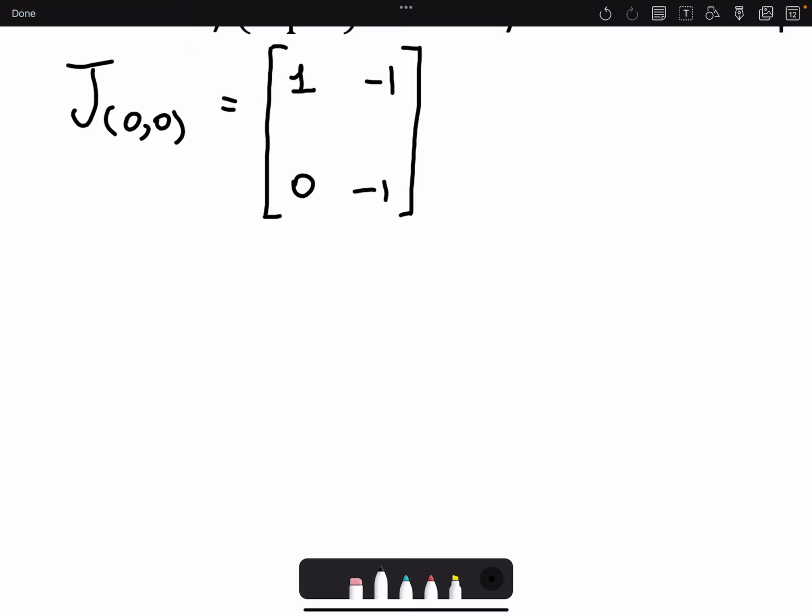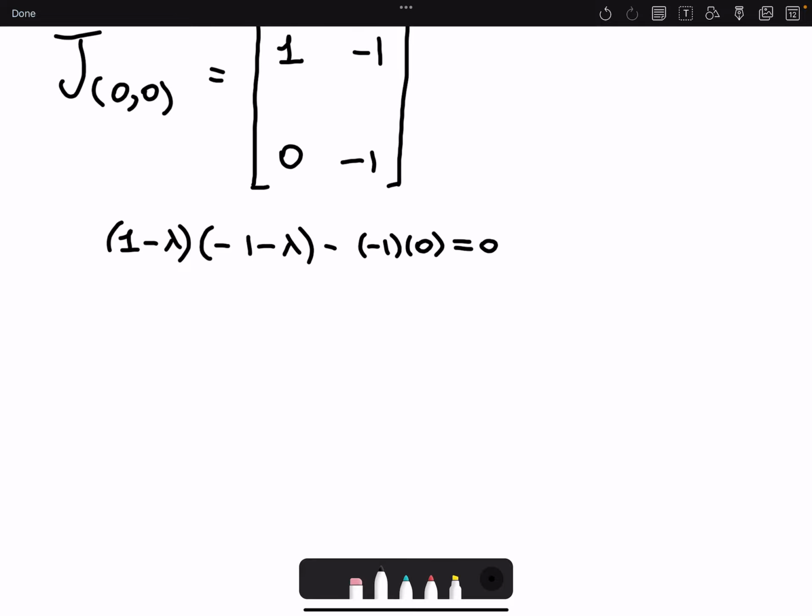So let's see. If we find the eigenvalues, we get 1 minus lambda times negative 1 minus lambda, minus negative 1 times 0 should be equal to 0. So if I factor out a negative sign, well, we don't even have to do that.